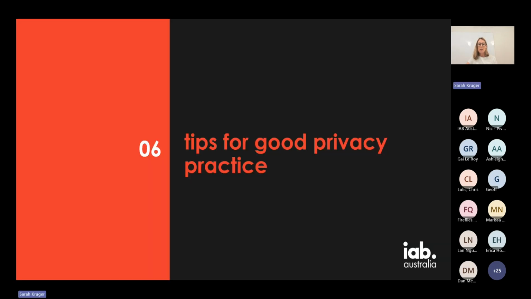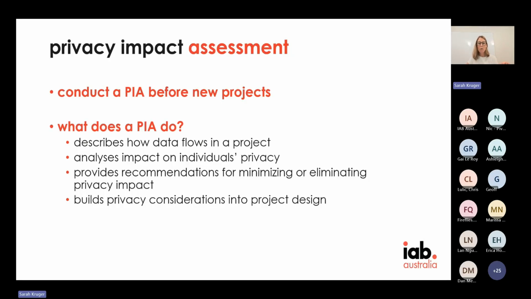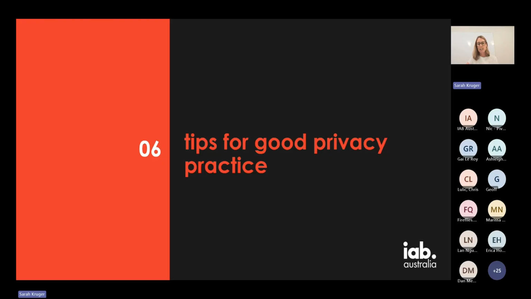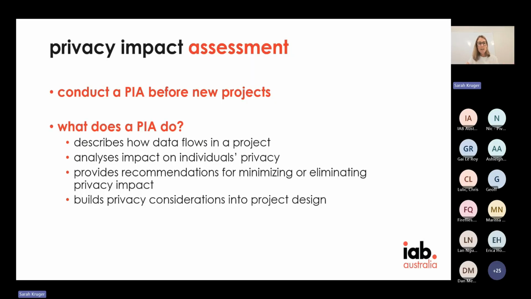So look, that is the bulk of today's presentation on the information flow, the operational interaction between the privacy regime. Very quickly now, just a summary of tips for good privacy practice. I do need to mention privacy impact assessments, which many of you are probably already doing.